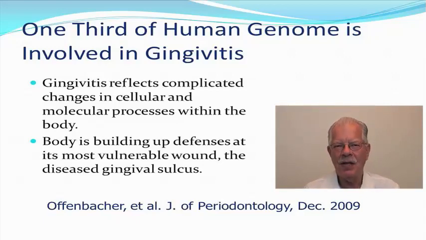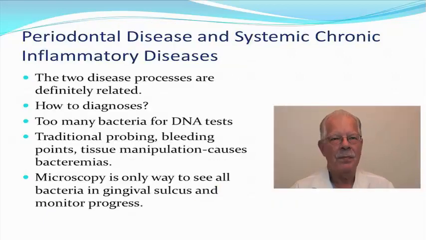The body is building up defenses at the most vulnerable wound, and that's the gingival sulcus. And so the body, over the thousands of years that it's been developing, has developed defenses against these bacteria. And the main entrance of bacteria into the body is through the diseased gingival sulcus. Periodontal disease and systemic chronic inflammatory diseases, the two disease processes are definitely related.